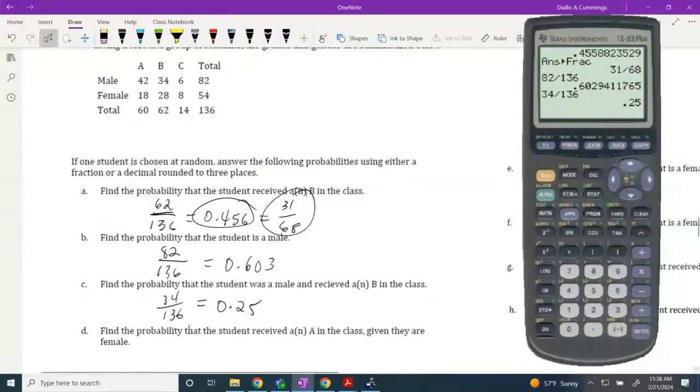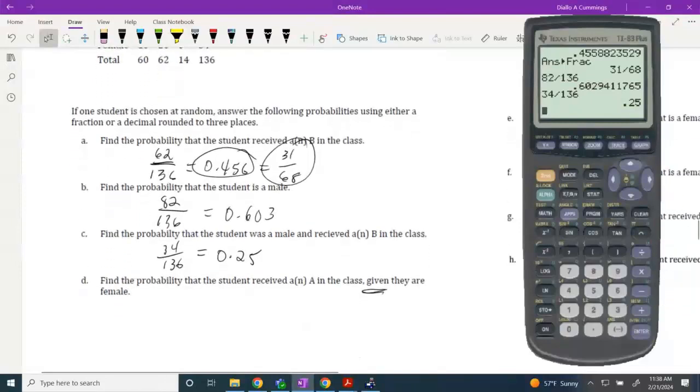All right, so now for D. D is written out a little bit different because it has this special word in it, given. It says find the probability that the student received an A in the course given they are female. So now we haven't seen the word given up until this point.